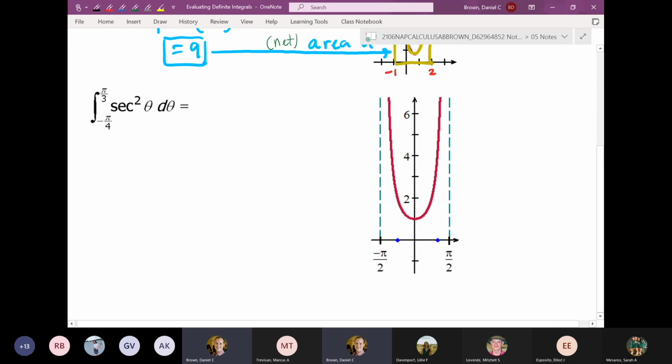This one does some trig. You will need to know your unit circle, of course. I had the definite integral from negative pi over 4 to pi over 3. I've already graphed secant for us. Of course, we can do this without the graph of secant. So this is literally the area that we're finding. Again, you do want to make sure you show proper notation as you're working on it.